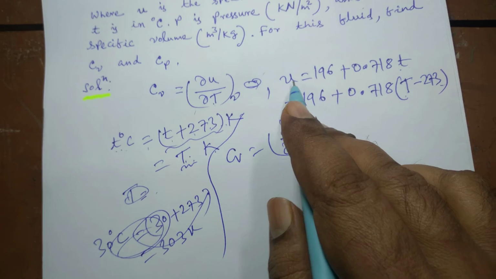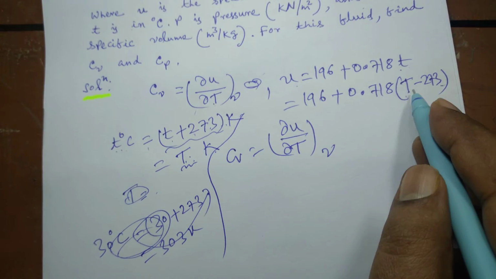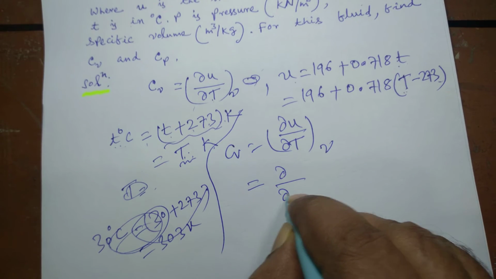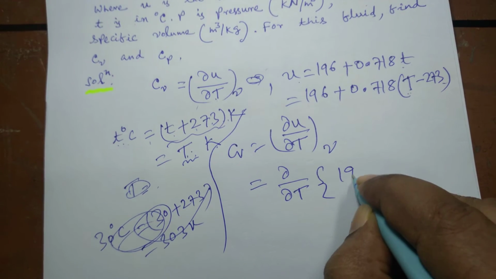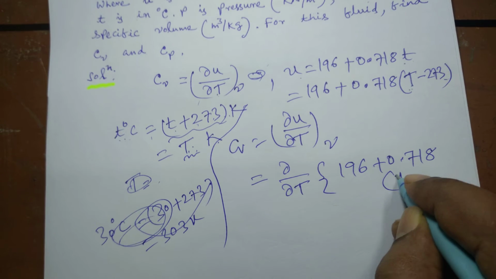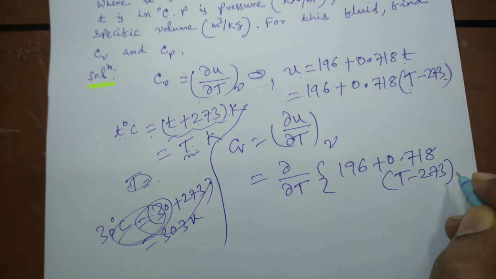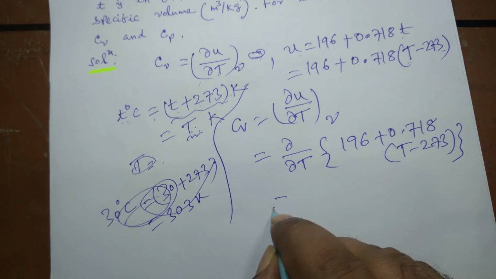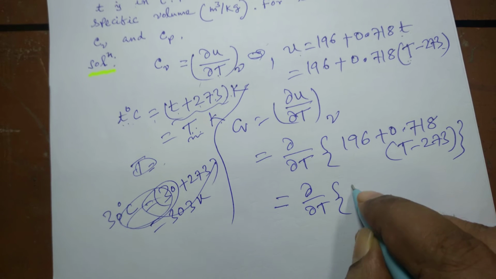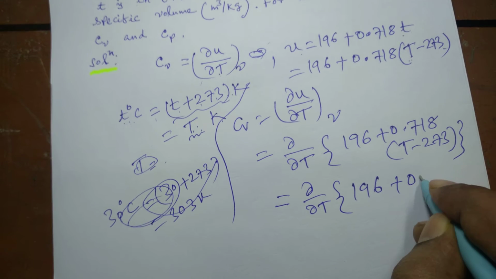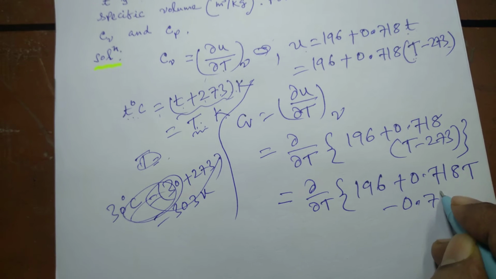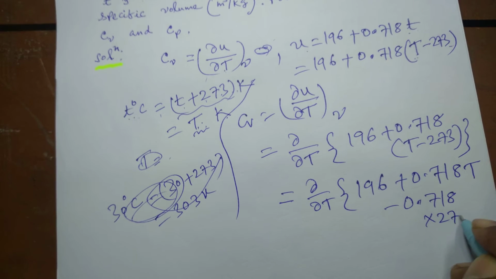So we will partially differentiate this with respect to capital T. So on differentiating, this becomes, T minus 273, this equal to 196 plus 0.718 T minus 0.718 multiplied by 273.